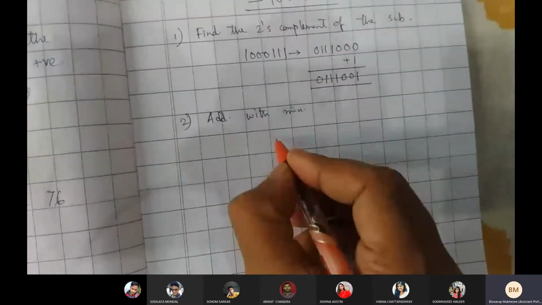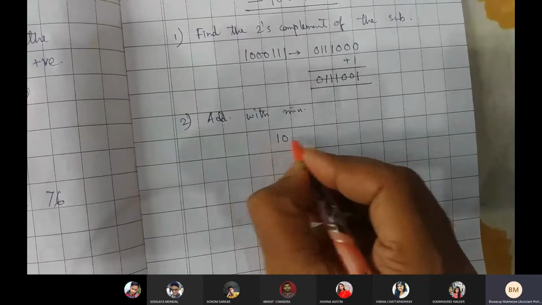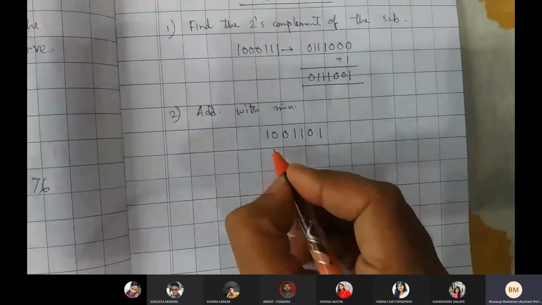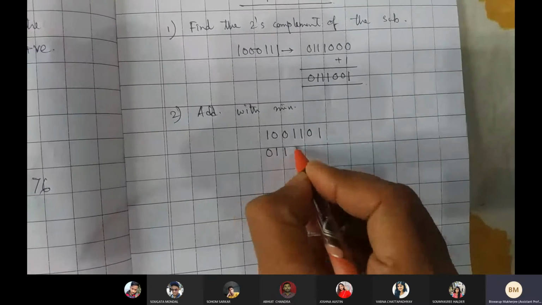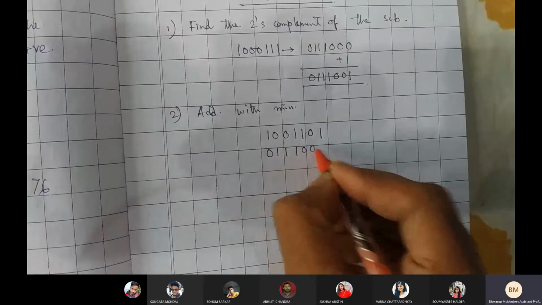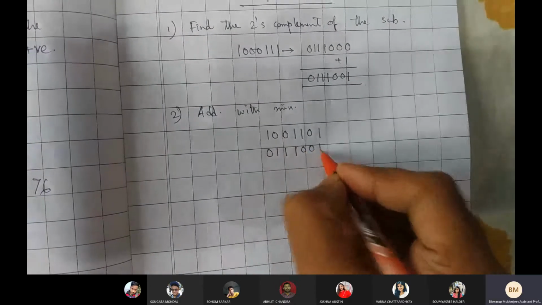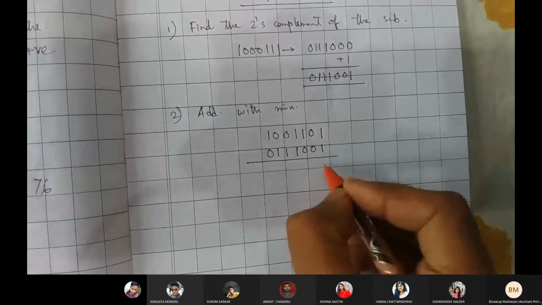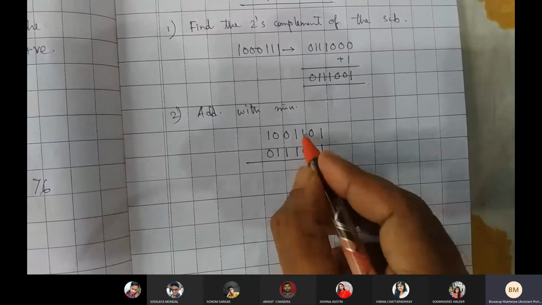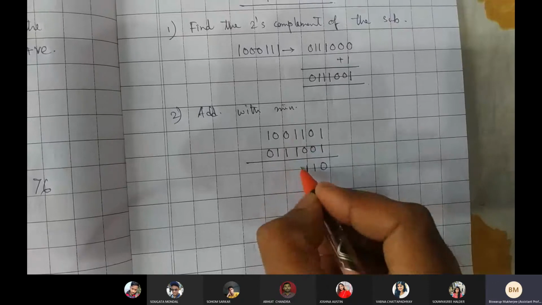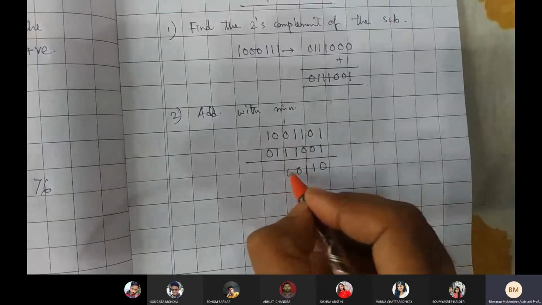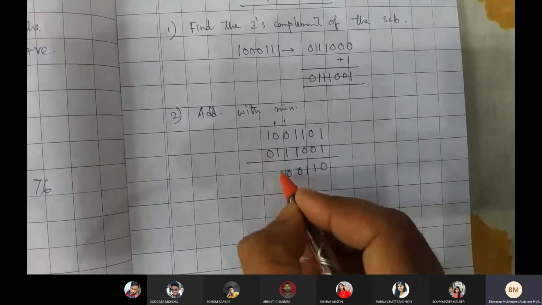So that is 1001101 plus 0111001. 1 plus 1 is 10, 1 comes here. Again 1 plus 1 is 10, 1 comes here.